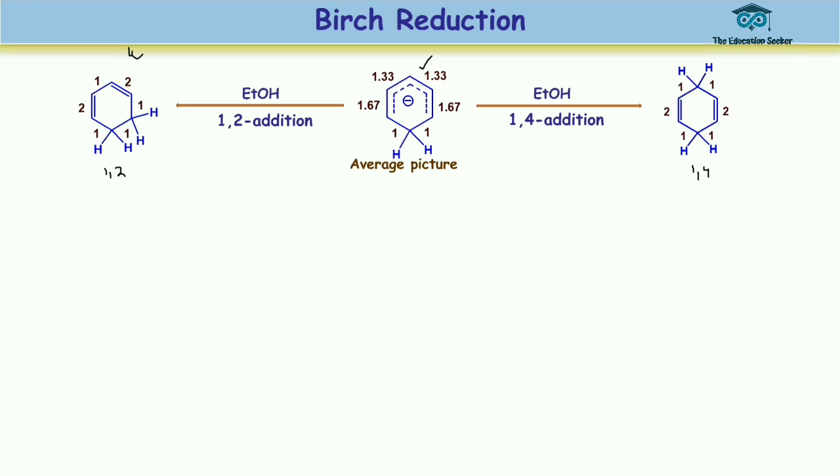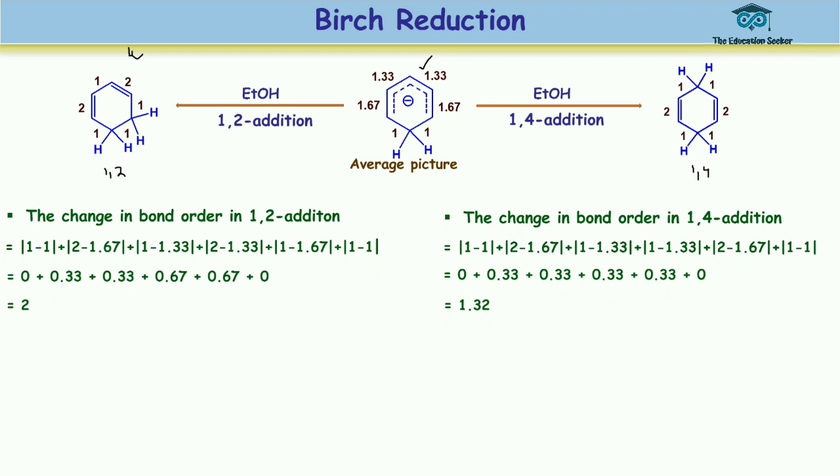For the 1,2 addition, the change in bond order is given by this: 1 minus 1, plus 2 minus 1.67, plus 1 minus 1.33, plus 2 minus 1.33, plus 1 minus 1.67, plus 1 minus 1, and the value comes out to be 2, right?